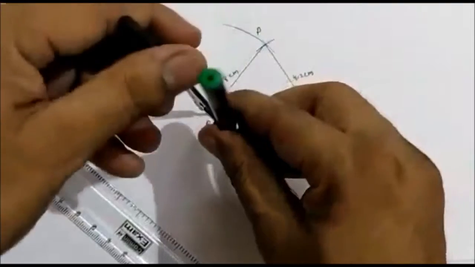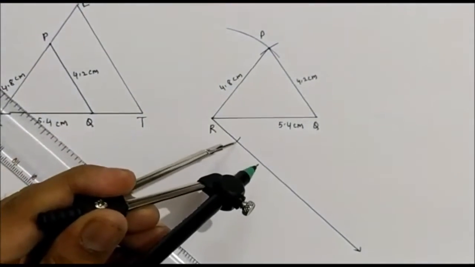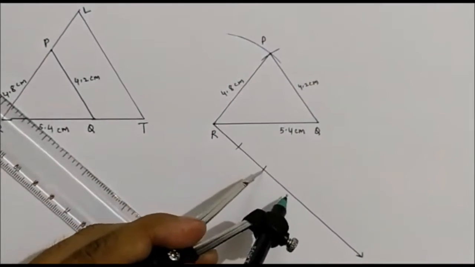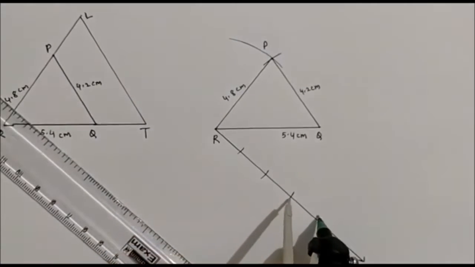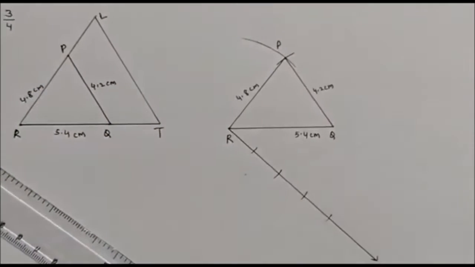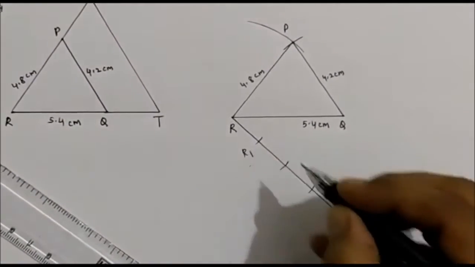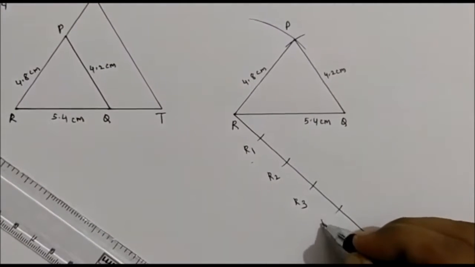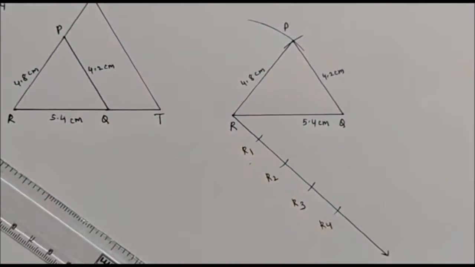From here you're going to cut 4 arcs: 1, and from this point 2, 3, and this is 4. Whichever is bigger, draw that many arcs, and you can name these points R1, R2, R3 and R4.